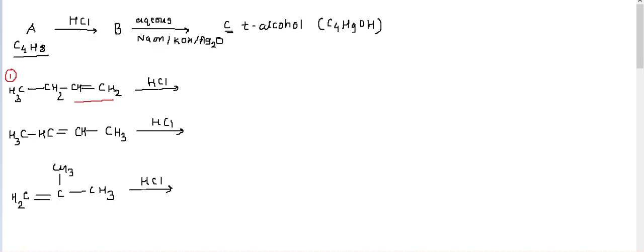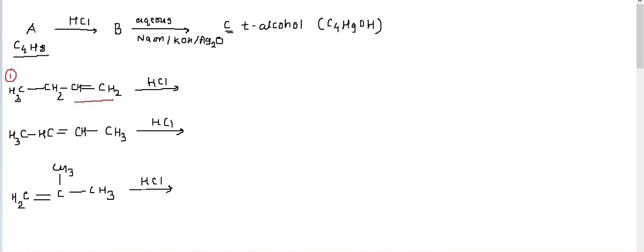You can identify a symmetrical or unsymmetrical alkene this way: if the number of hydrogens on the double-bonded carbons are not similar, you can say it is an unsymmetrical alkene.